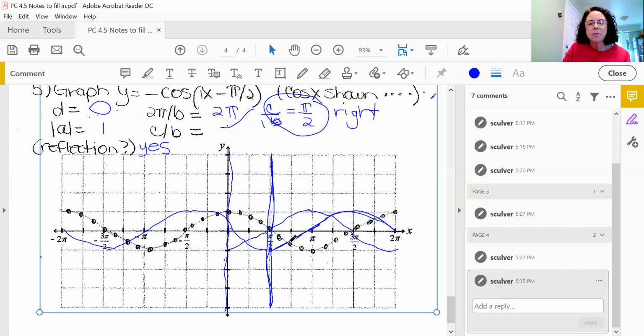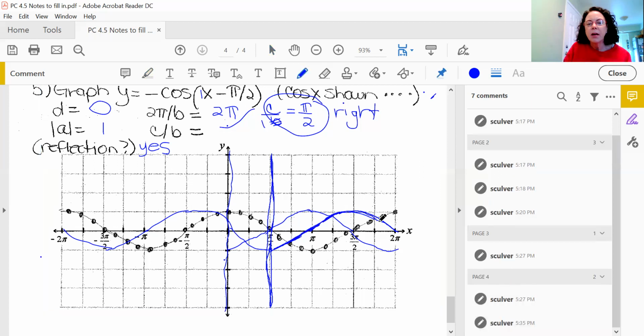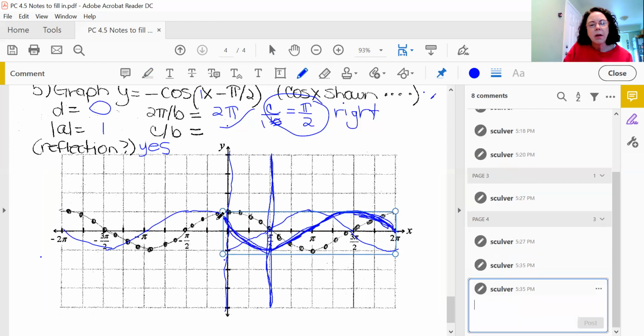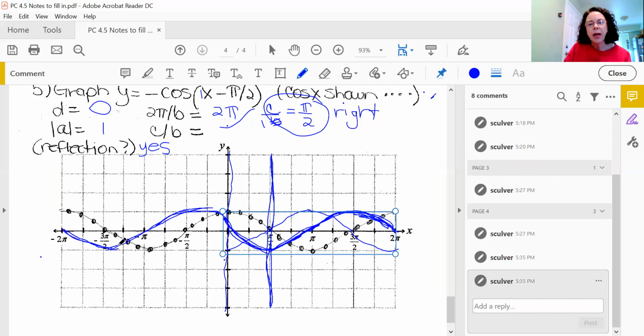And again, I will just make my final graph darker. There we go. Okay, and there we graphed cosine with a reflection and a phase shift of pi over 2 to the right.